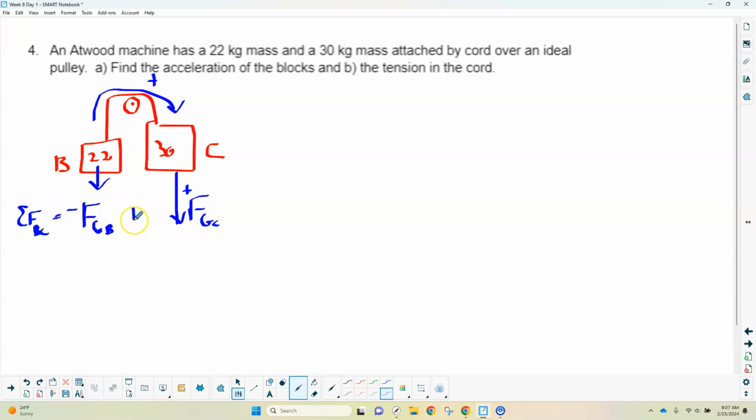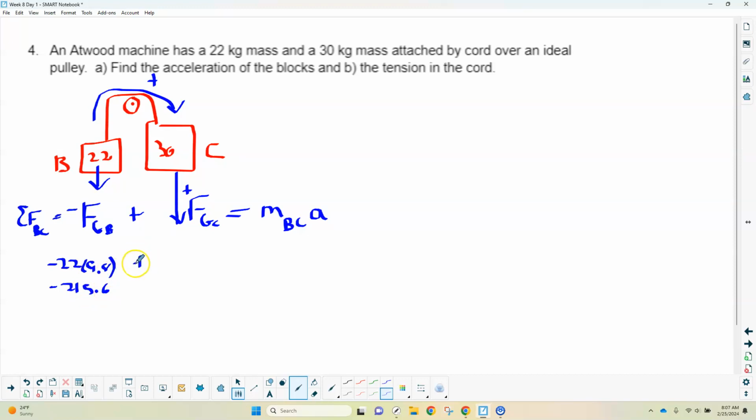So it's negative gravity B plus gravity C. That should equal the mass of B and C together times the acceleration. So I'm going to plug these things in. So it'd be negative, gravity is 22 times 9.8. If you do that in your calculator, you will get a value of negative 215.6, just kind of following along.